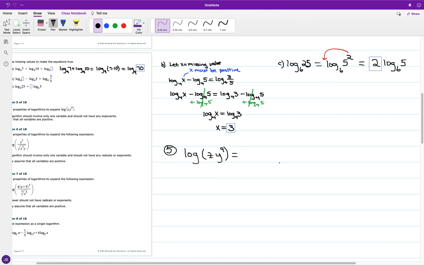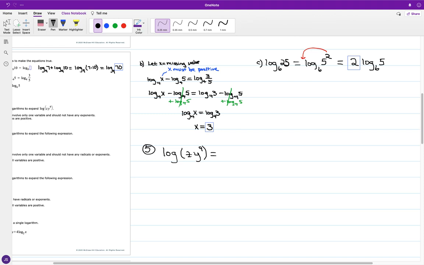Looking at expanding, we have in the argument the operation of multiplication, and multiplying is going to imply addition when writing and expanding out into separate logarithmic terms. So we'll have the base 10 logarithm of z plus the base 10 logarithm of y to the 9th.